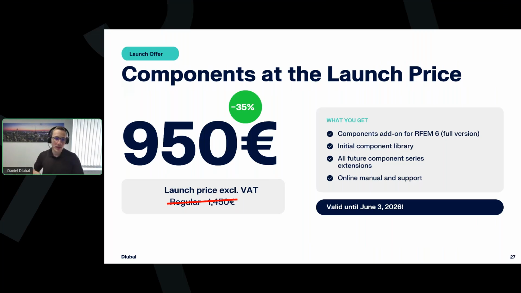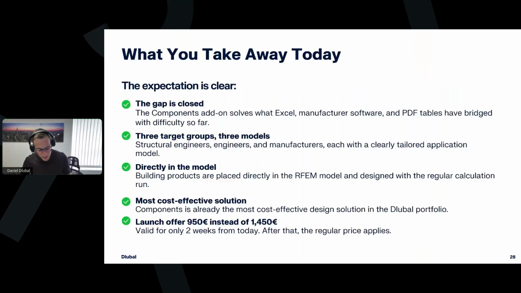So what you take away from today? I'm pretty sure the expectation is clear. The gap is closed. The components add-on solves what Excel, manufacturer software, and PDF tables have bridged with difficulty so far. We have three target groups, three models: the structural engineers, the engineers who program and develop, and the manufacturers and suppliers, each with a clearly tailored application model.